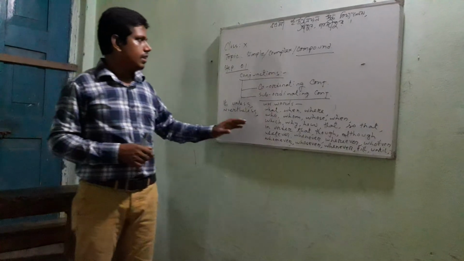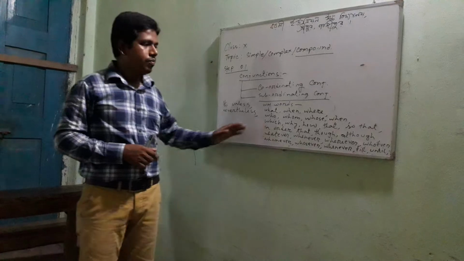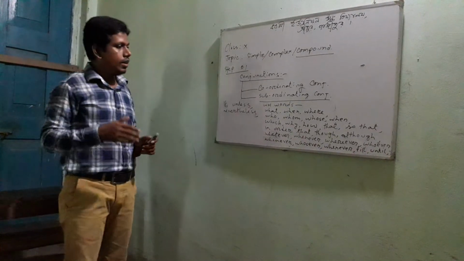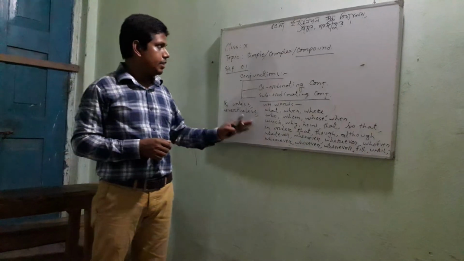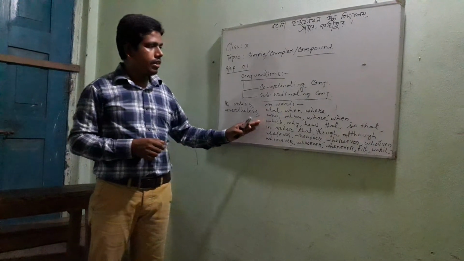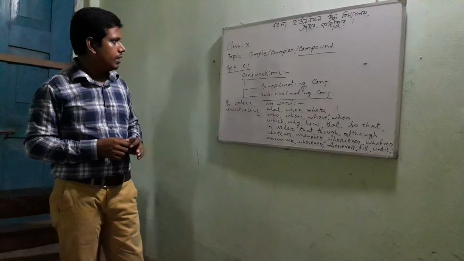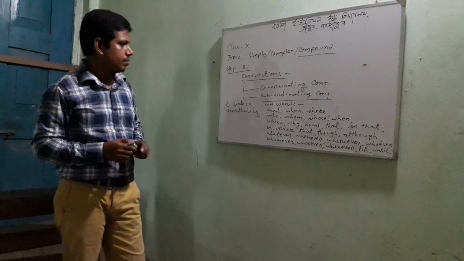This is why it is called a complex sentence. So dear students, when you find a sentence added by a subordinating conjunction, that is surely a complex sentence.